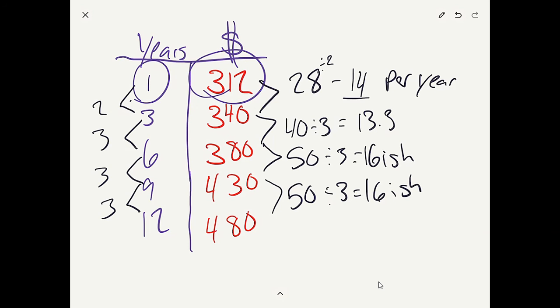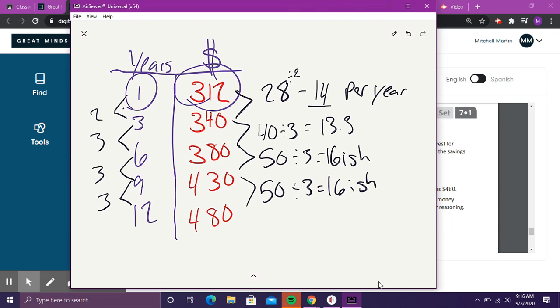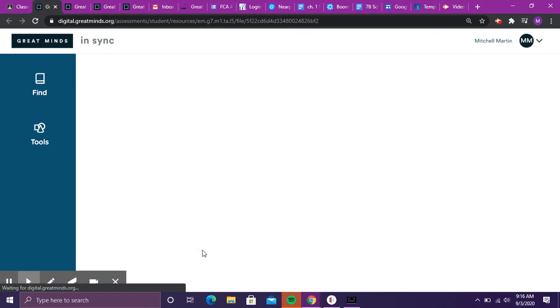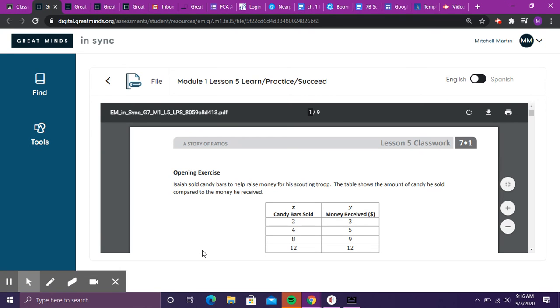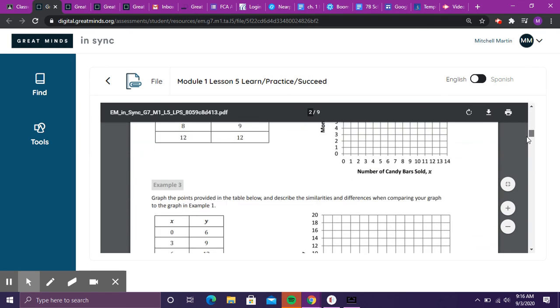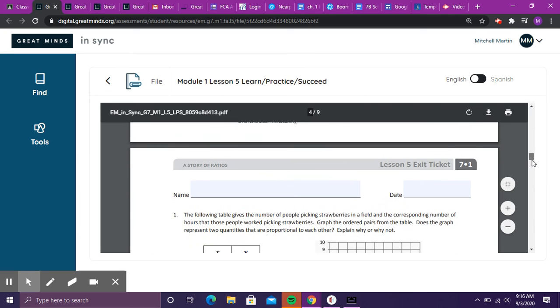No. Okay. What I want you to do, and remote learners too, is open up the 9.2 folder here. I want you to go to the exit ticket. Now this class had a little bit extra time last day to work on the exit ticket.